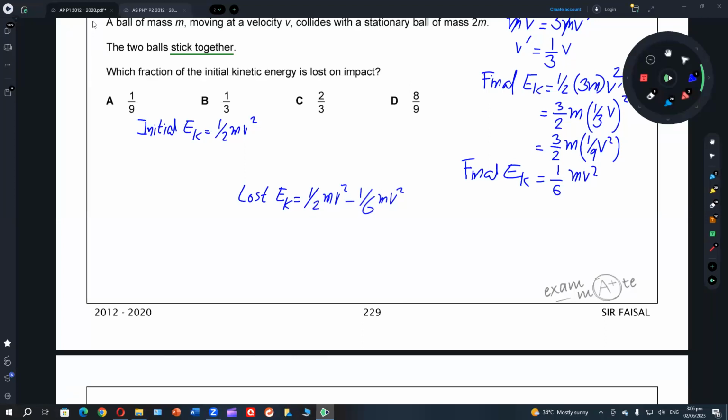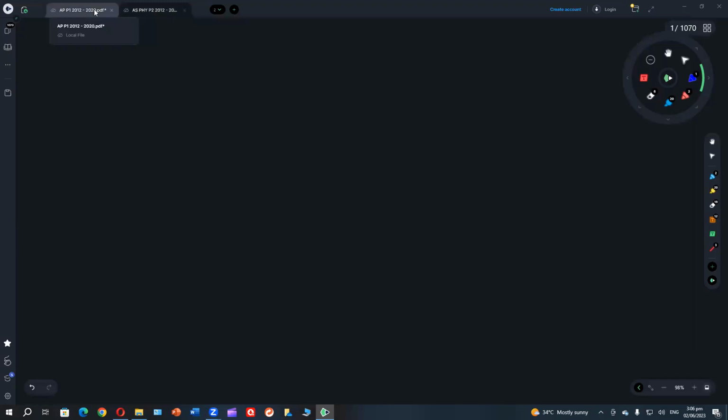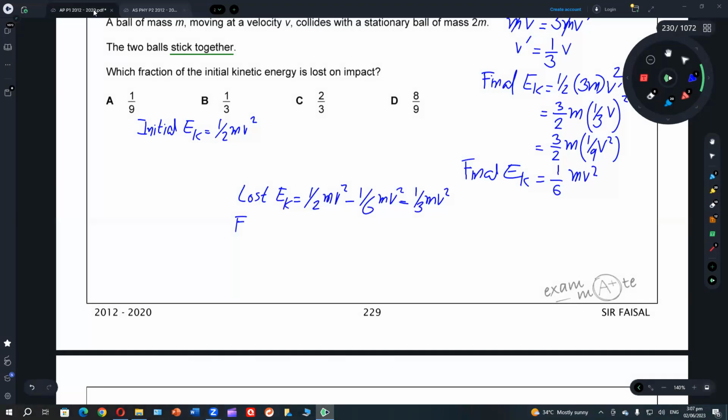It is 1/3. Now I'm working for the fraction.